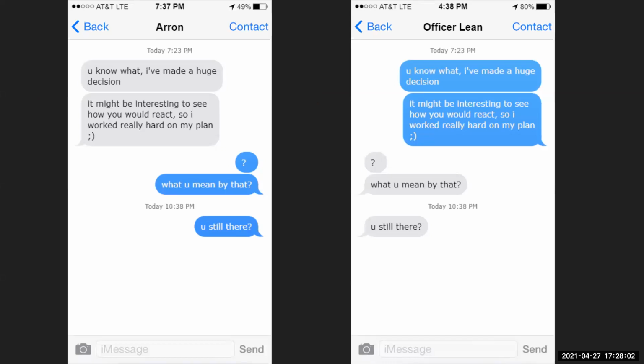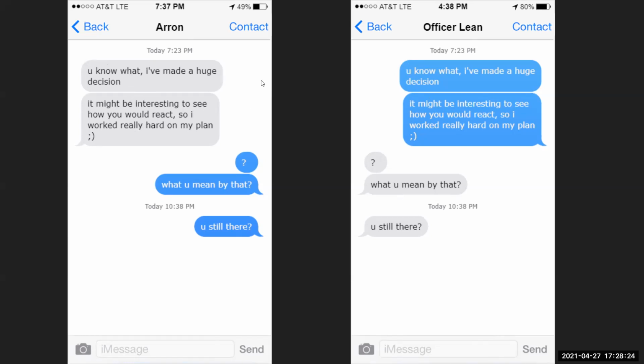So this is one example. I made these fake text messages. You can see there are two images, but the words are mainly the same.